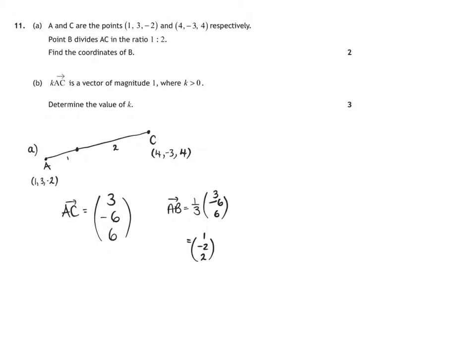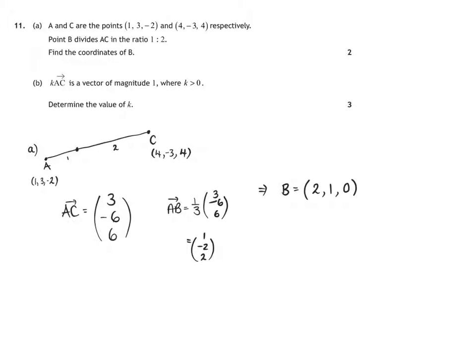So you need to find the coordinate though. So therefore B is equal to, we're going to add 1 to our coordinate at A, so that gives us 2. We're going to take away 2 from our y coordinate, which is going to give us 1. And then we're going to add 2 to our z coordinate, which is going to give us 0.